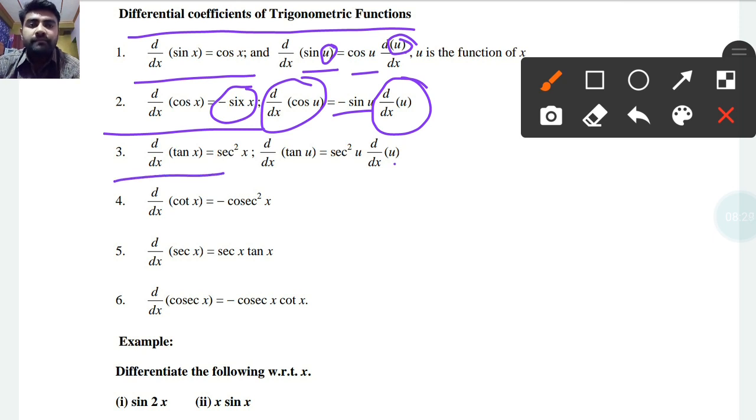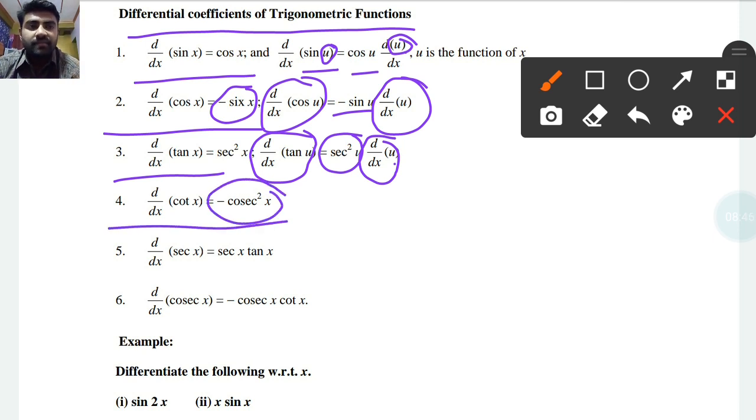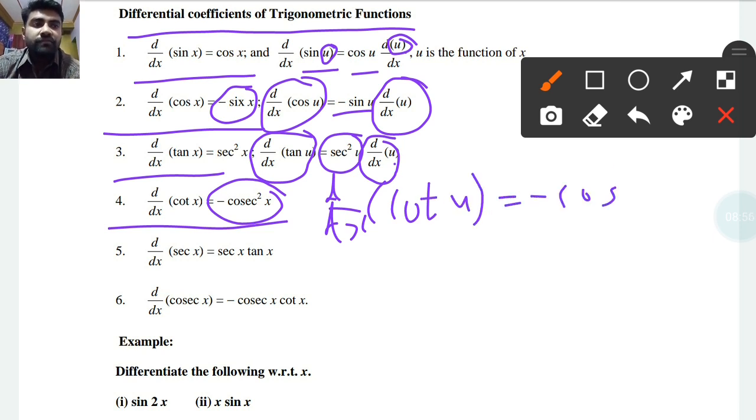d by dx of tan x, that is sec square x. d by dx of tan u, so that will be sec square u into that function's differentiation with respect to x. Then cot theta differentiation, that is minus cosec square theta. Similarly we can write d by dx of cot u, right? So that will be minus cosec square u into du by dx, right?